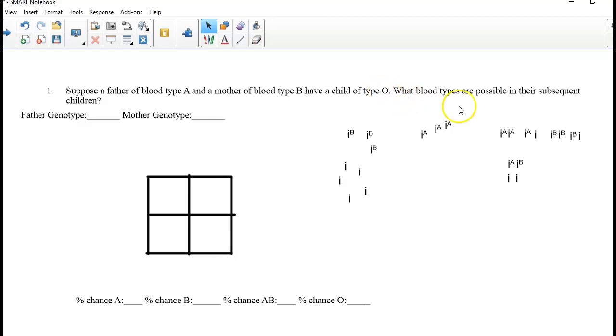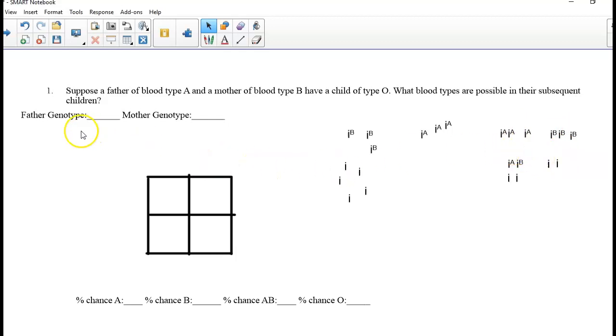So what that means is we know what the genotypes of the parents are. Because if they have a child with O-type blood, let's say this is the father, this father has an i by himself, so that i can get passed on to the kid, right? This one could not. There's no i by itself. If this is the mother here, she has IBIB or IBi. Well, if she has IBi, she could also pass on the little letter i. So these two parents, A and B, could have a child with O-type blood because they would be able to donate the i.